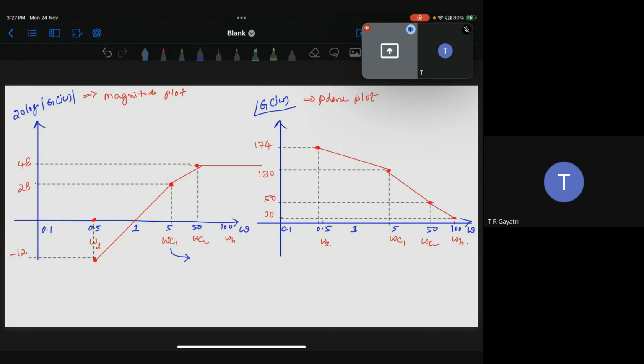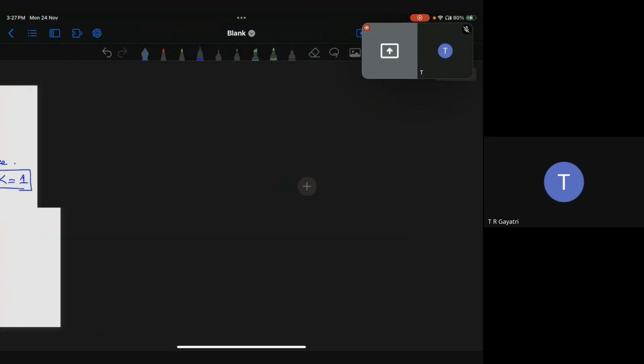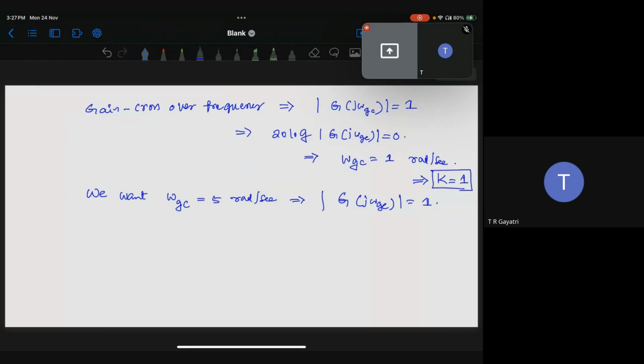At this level, the magnitude is 28 dB. So the magnitude plot should come down by 28 dB.